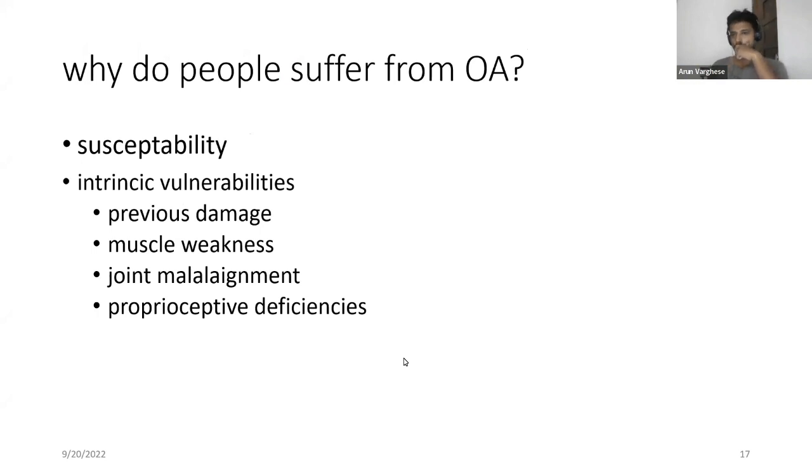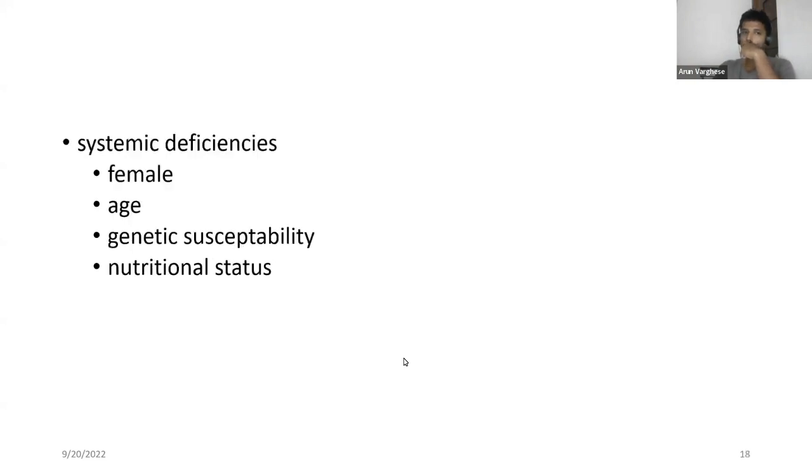There are susceptibilities, even genetic. Some we can prevent, some we cannot. First one is previous damage, accidents, muscle weakness from any cause, joint malalignment, and proprioceptive deficiencies. Like we have seen, sensory afferent complaints with that.